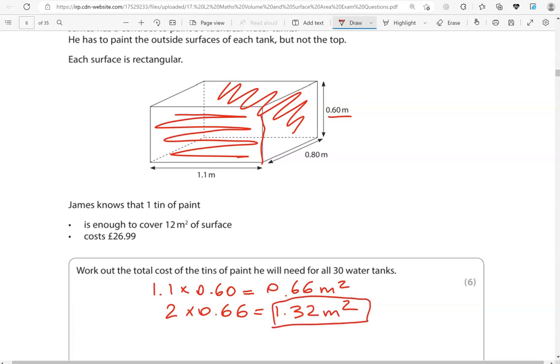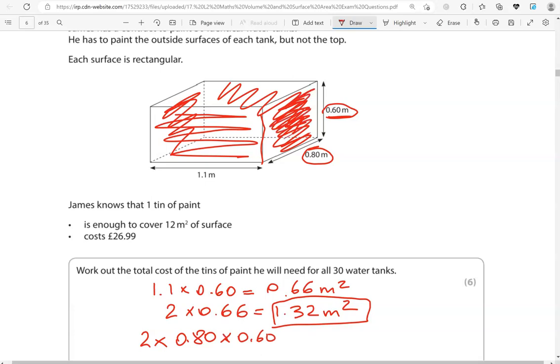So far. Now we've got the sides here, so it's 2 of them. So we'll do 2 times 0.80 times 0.60. So the area is worked out by multiplying 0.80 by 0.60.